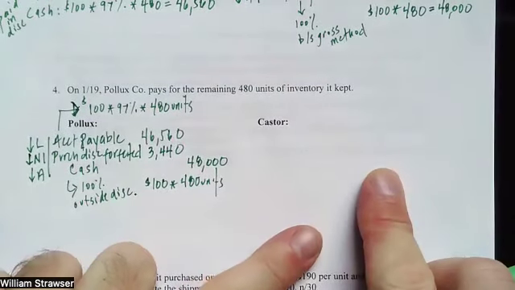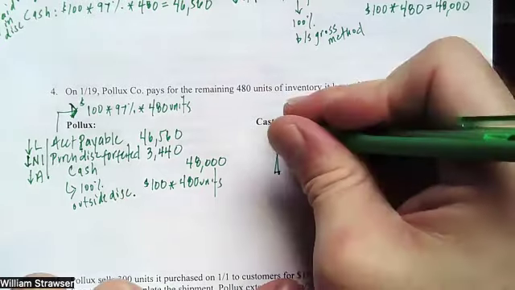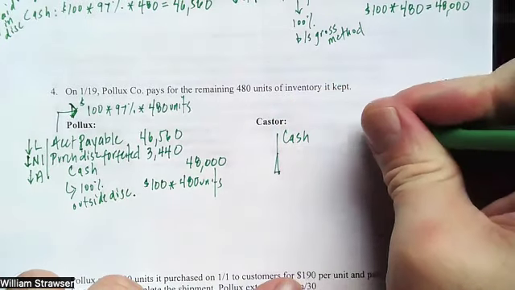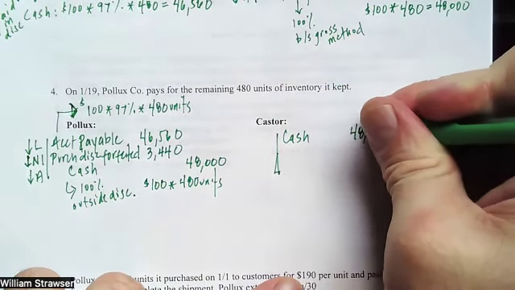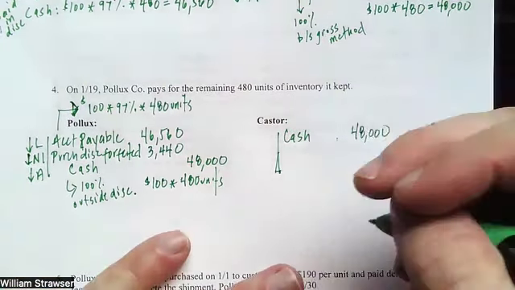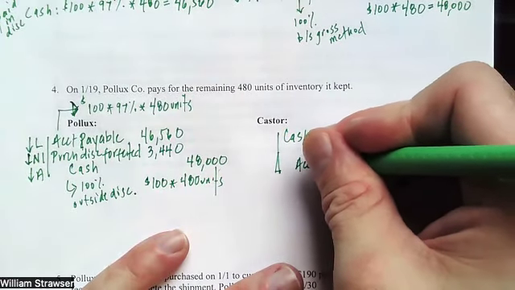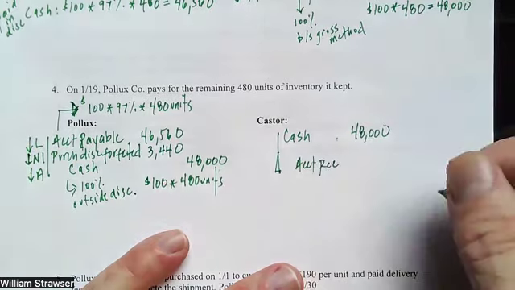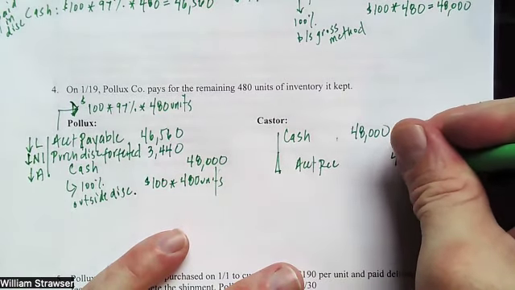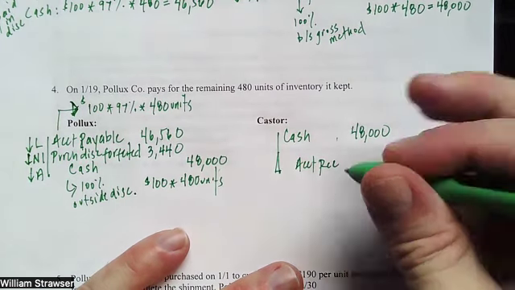Now on Caster's side, remember, their gross method. So they're receiving that full price cash, 48,000. That's always linked in these party counterparty transactions. The credit though to the receivable, since they record the receivable always at full price as well, they're also going to recognize a credit to receivable for 48,000.